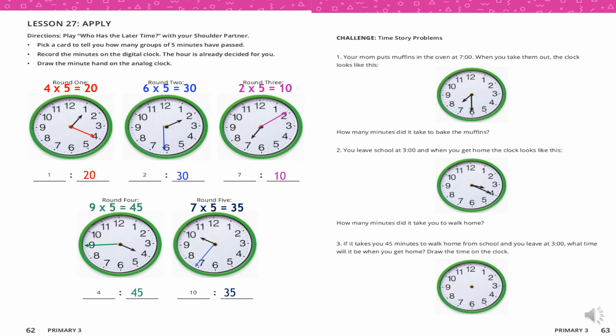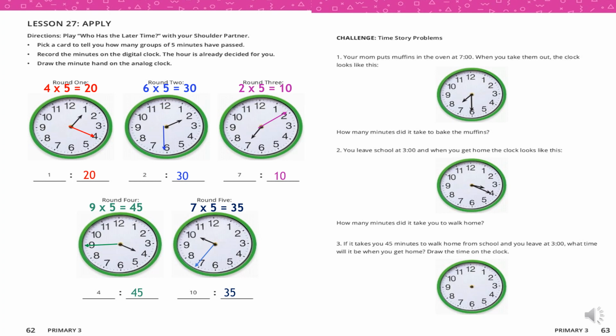Let's move to our story problems. They are challenging, so please focus. Here, the first one. Your mom puts muffins in the oven at 7 o'clock. 7:00 means 7 o'clock. When you take them out, the clock looks like this. First, this clock is what?